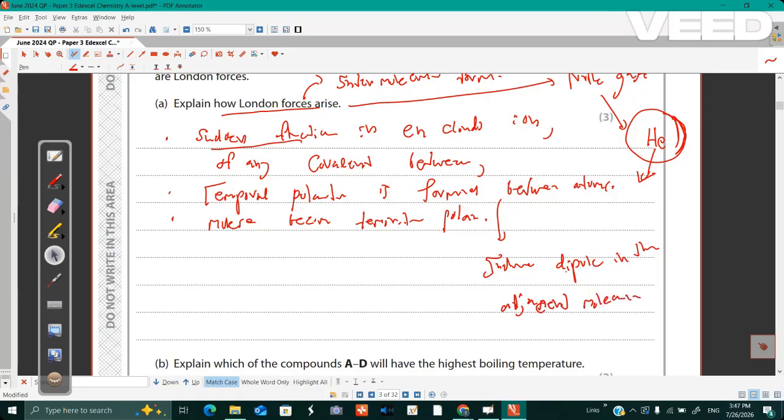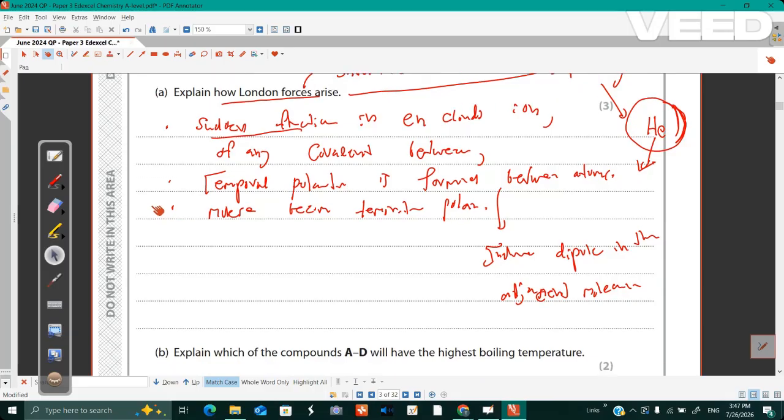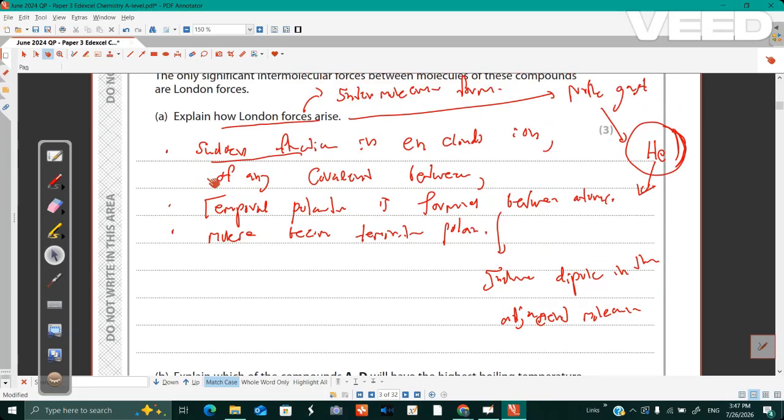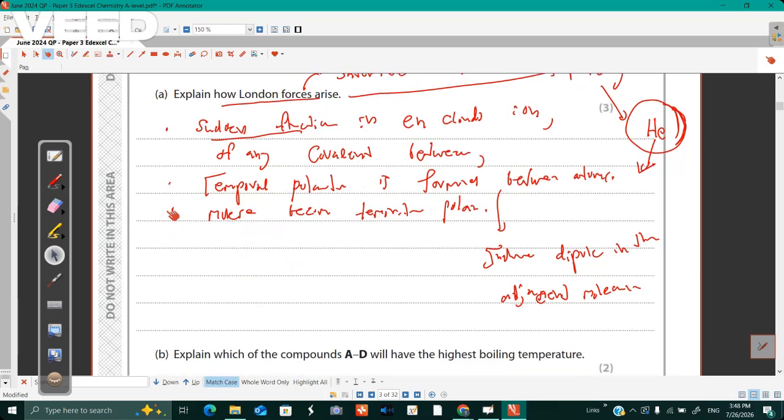That can also be mentioned. So those are the 3 points: mentioning the electron cloud, sudden changes of the electron densities, and inducing polarity in the neighboring molecule, right? So yeah.